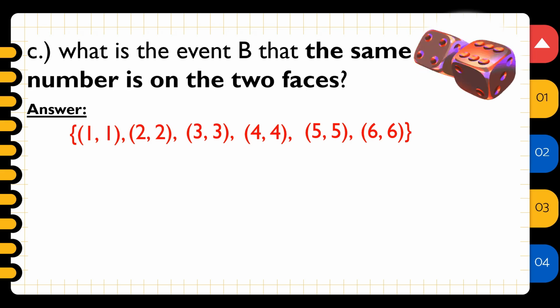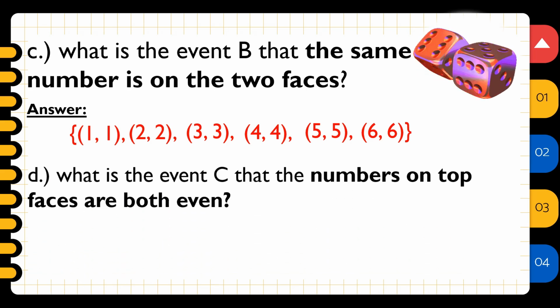Okay, let's have letter D. What is the event C that the numbers on top faces are both even. So remember, when we say even, we are talking to the numbers that are divisible by 2. For our die, the only even numbers that you can see are 2, 4, and 6.